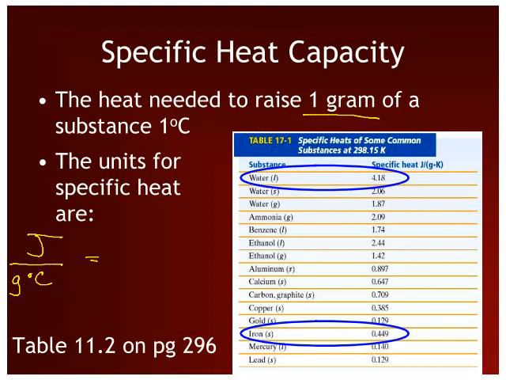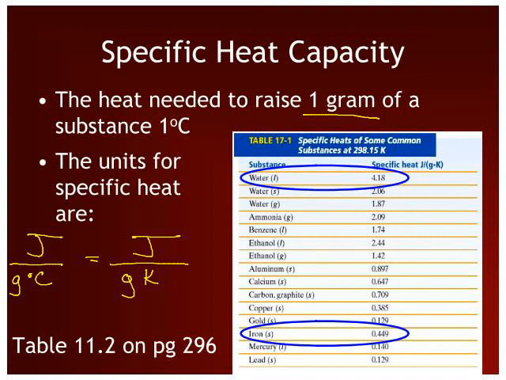Occasionally, like in the chart on the right, you'll see joules over grams Kelvin, and it works the same way. We haven't really talked about Kelvin temperatures much, but we will more so in the next chapter.